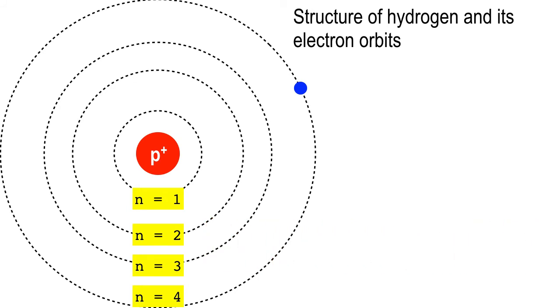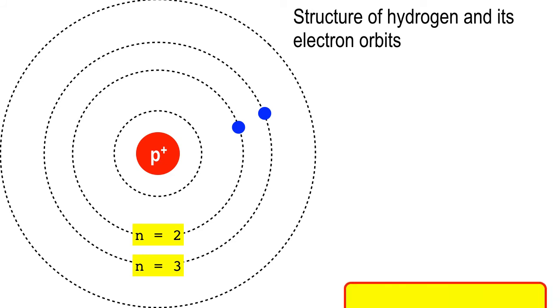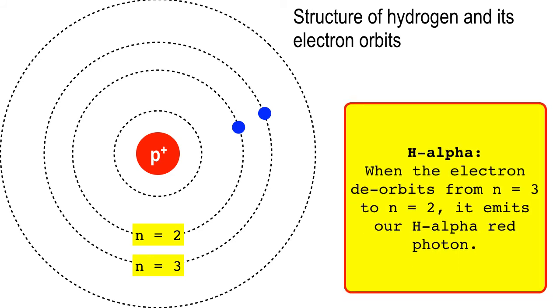And then the second part of the theory is that when an electron bumps downward, for instance from n equals 3 to n equals 2, it emits a photon of light. For n equals 3 down to n equals 2, guess what, guys? That's the H alpha transition.